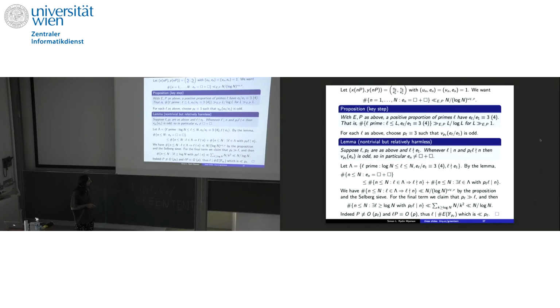And this p_l actually has to be bounded below by a multiple of l, which means that the proportion of n which are divisible by p_l times l is at most 1 over l squared, more or less. So if we choose the sieving range correctly, this set is small.